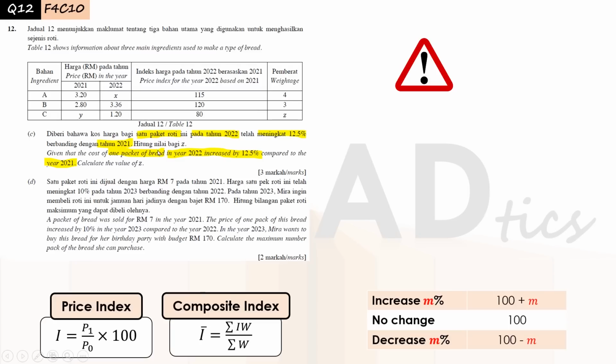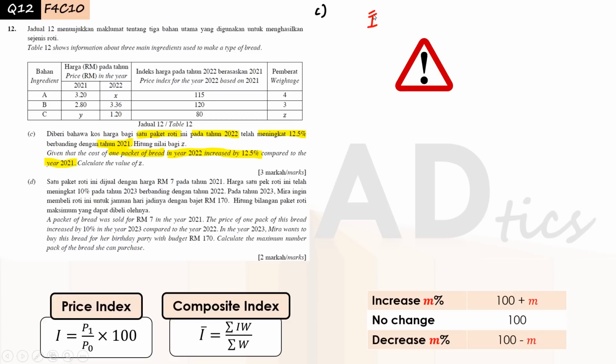The thing we are focusing on now is one packet of bread, so it's not focusing on one of the ingredients here, but all of the ingredients. So we cannot use an individual price index anymore. We are going to use the composite index, because this is the index that combines all the indices together.